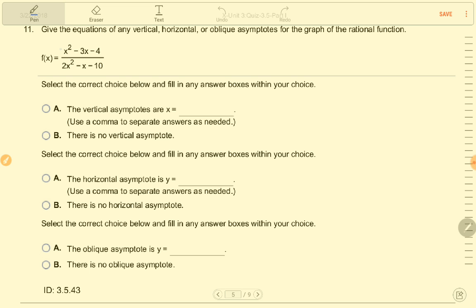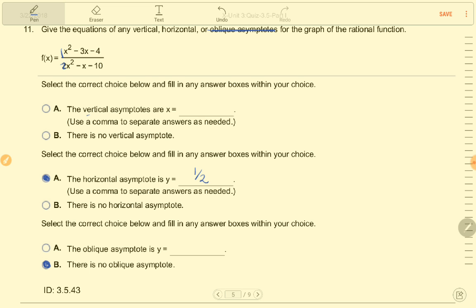So the lead coefficient on the top is 1, lead coefficient on the bottom is 2, so I have a horizontal asymptote at y equals positive 1/2. So that part's done. The oblique asymptote is not going to happen because you either have horizontal or you have oblique. You won't have both. So there is no oblique.